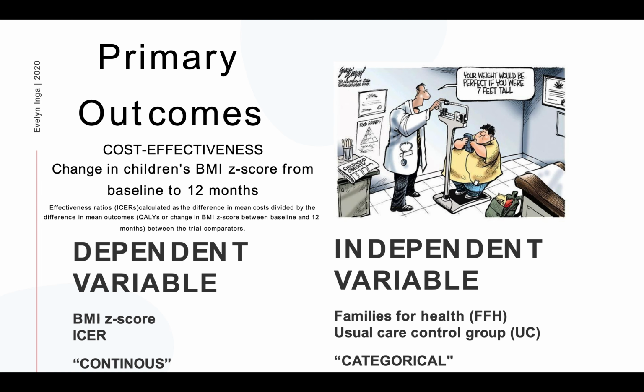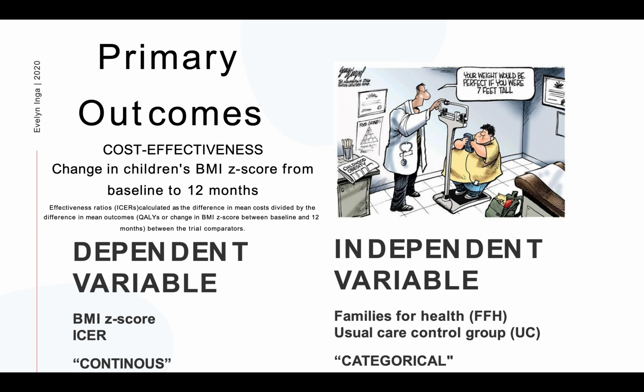What are the variables? So we have two variables, right? The dependent and the independent variable. The dependent variable is going to have data that, as the name says, is dependent on the group that it comes from.